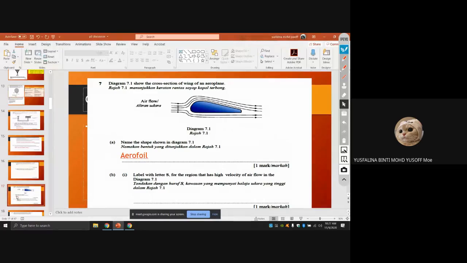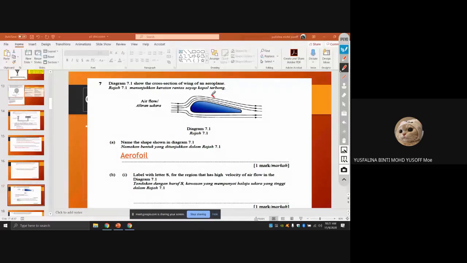Number 7. Diagram 7.1 shows the cross section of a wing of an aeroplane. Name the shape shown in diagram 7.1. This one is called an aerofoil. Then it asks you to label with letter S the region that has high velocity of air flow in diagram 7.1.